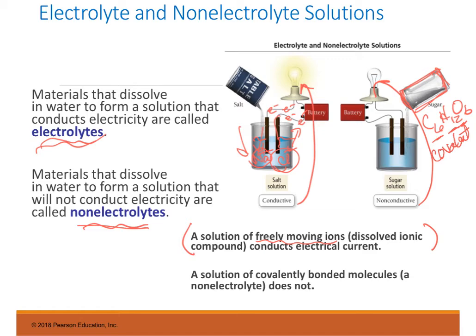It's not going to separate into anything when it dissolves; it's just going to stay as a glucose globule. So there are no freely moving ions to interact with electricity. Solutions of any covalently bonded compound, there are a couple of exceptions but I'm going to make a blanket statement now, are non-conductors or non-electrolytes. That's true for virtually all covalently bonded compounds.